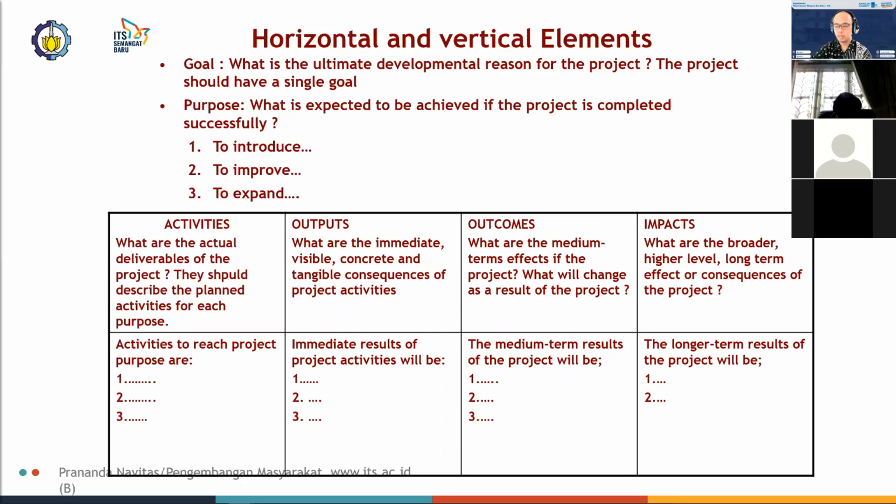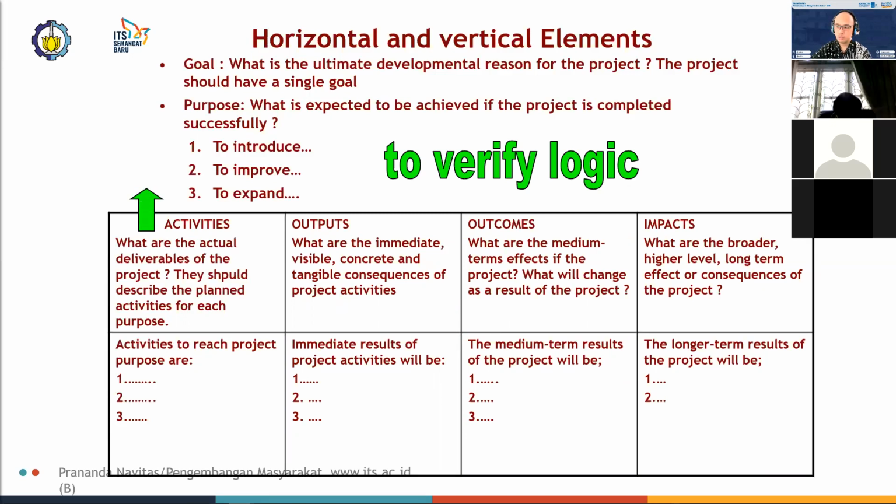But as I mentioned earlier, you also need to verify the logical steps of each component of the result-based management matrix.